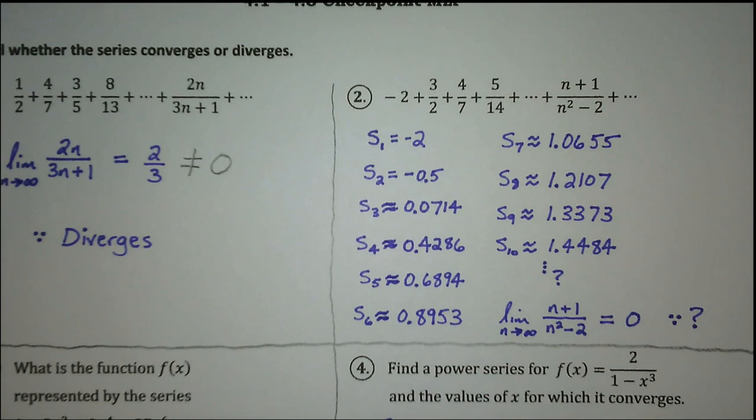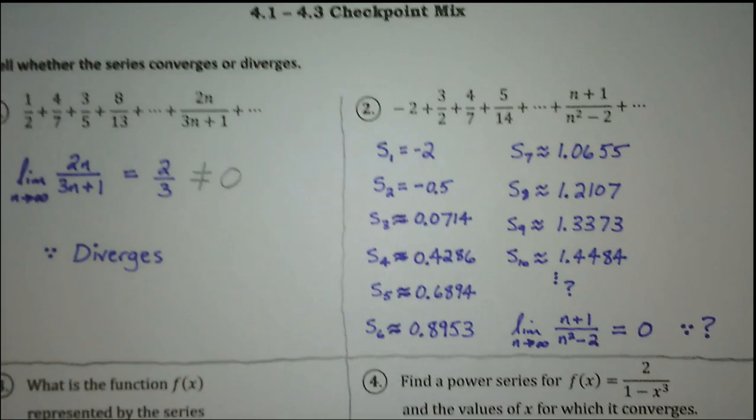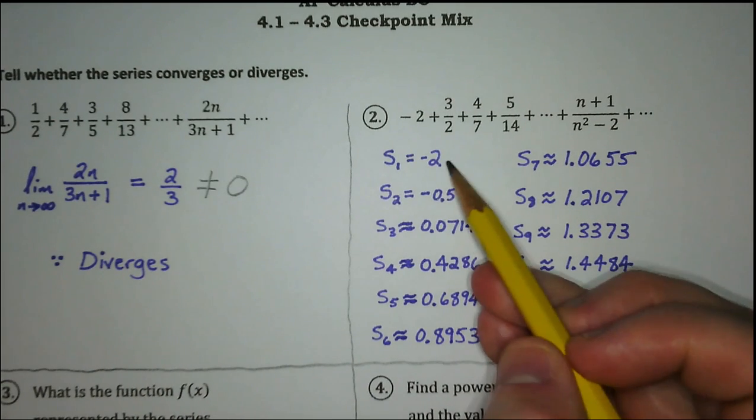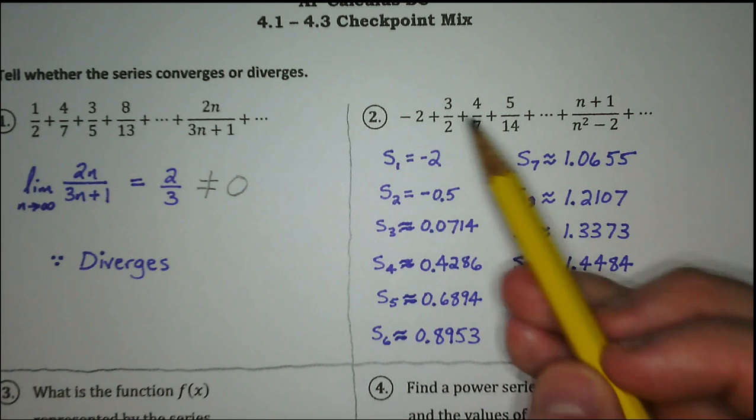Number 2 is actually a dumpster fire for us right now. I mean, at the end of the day, number 2 at this point in time is kind of a bad question. But hey, it's a good learning experience, because here's what we do. I thought to analyze the partial sums.